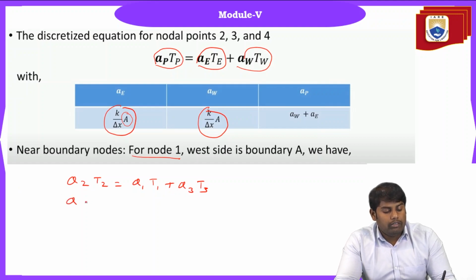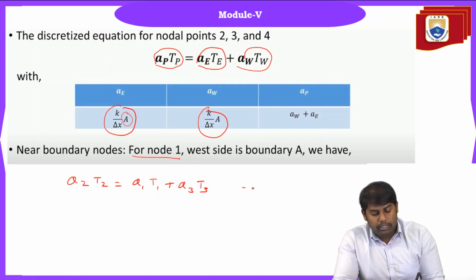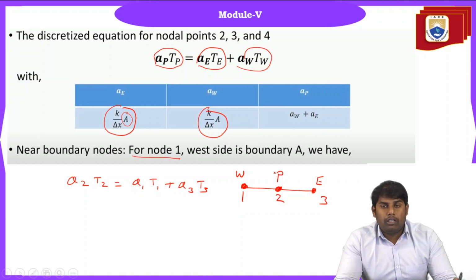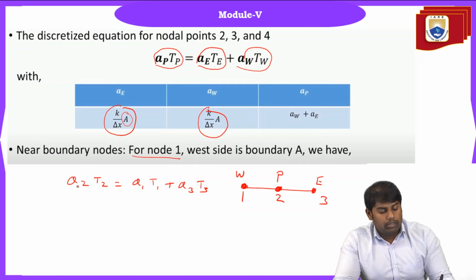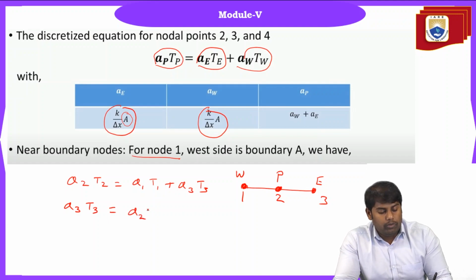Next, let us first draw the nodal topology. So this is 2, this is 1, and this is 3. Basically this is the west node, this is the east node, and this is the point of interest P. Next we have A3 T3 equal to A2 T2 plus A4 T4.